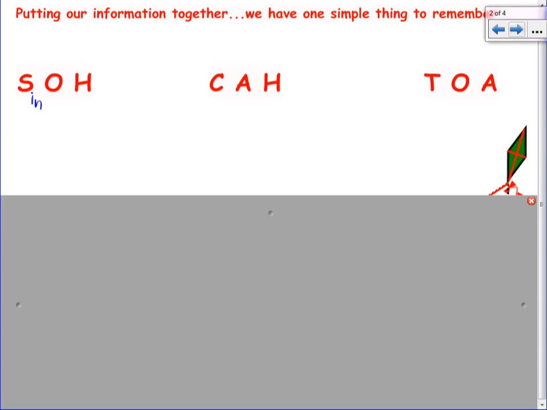Sine. Opposite over hypotenuse. What does this one stand for? Cosine is adjacent over hypotenuse. This one's yesterday's. What is this one going to be?